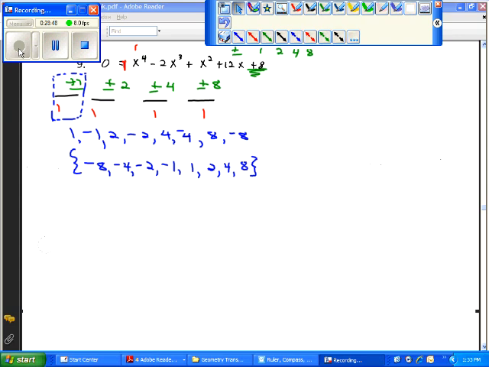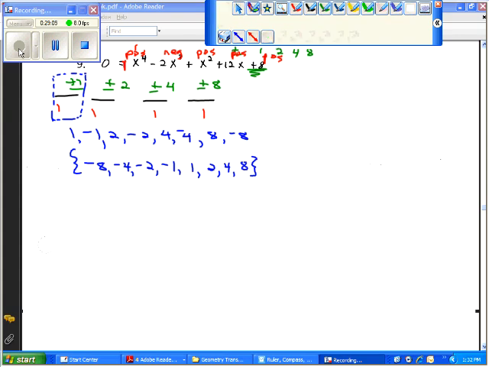We're going to go ahead and use Descartes' rule of signs to determine should we start with the negative choices or the positive choices. Using Descartes' rule of signs, then, in the original, we had a positive, a negative, a positive, a positive, a positive. Between the first and second terms, it went from positive to negative.